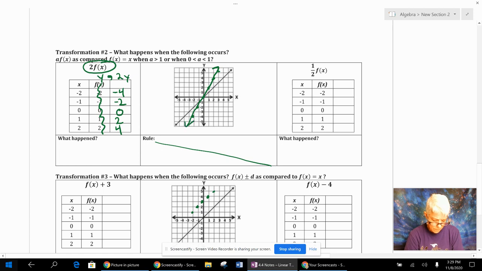that I'm going to go ahead and write what's happening as I'm speaking. The line got steeper as compared to the parent.